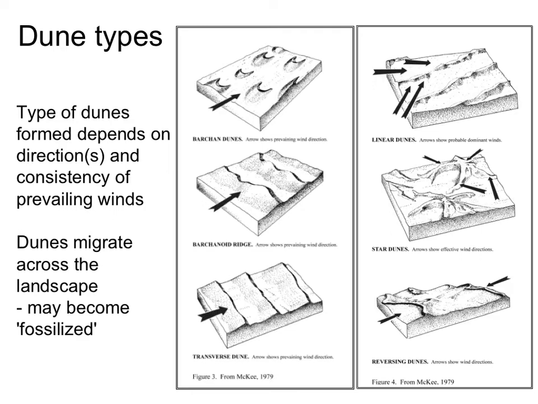So just briefly, we've got some different types of sand dunes that can be identified. These Barchan dunes are these very characteristic horned dune structures.